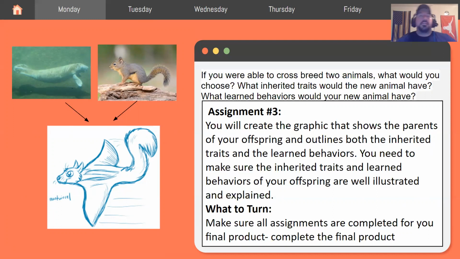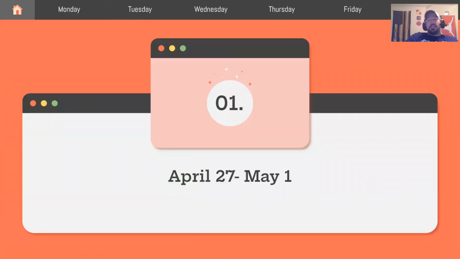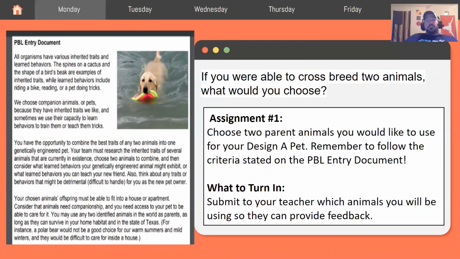So at this point, let's rehash here, okay? In week 1, which is starting on April 27th and ending on May 1st, you have time to research 2 parent animals and pitch to your teachers why those two parent animals would exist well in an apartment or home environment within the state of Texas, would thrive in the climate that we live in, as well as be kind of a companion, meaning you can interact with them whenever you like, provided you're not in school or away from home.